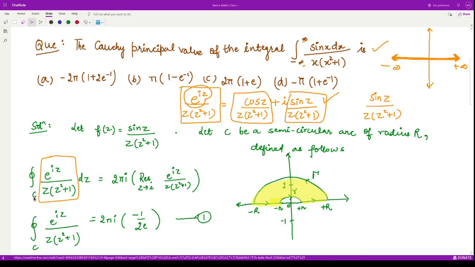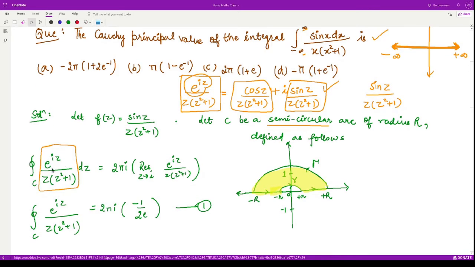Now look at this. What is C? We have considered C to be a semicircular arc of radius capital R, defined as follows. Here, for the function e to the power iota z divided by z times z square plus 1, what are the singularities? The singularities are obtained when the denominator is equal to 0.